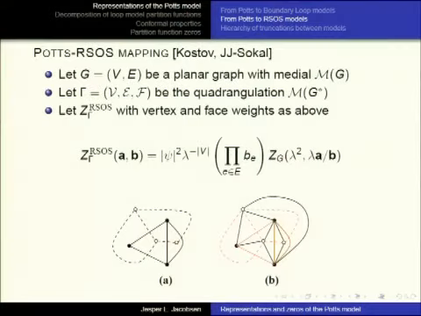And now there's the following theorem, which originally is due to a physicist, Kostov, which we have generalized and made the proof more acceptable to graph theorists, I guess. So let G be a planar graph with a medial graph, and let gamma be this quadrangulation.